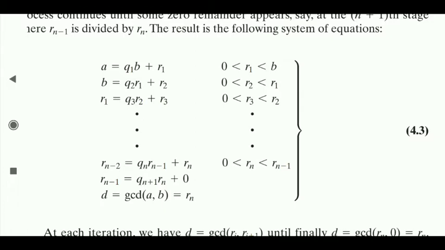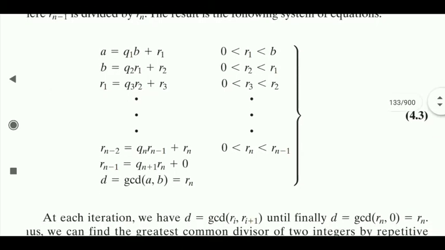That means we will continue these steps until we get the remainder equal to 0. Then we can say Rn is the greatest common divisor of both numbers A and B.